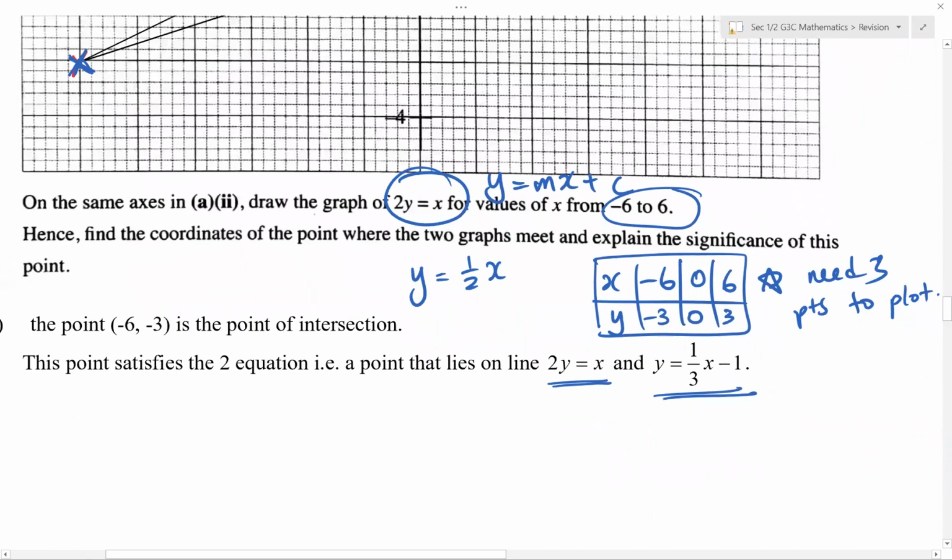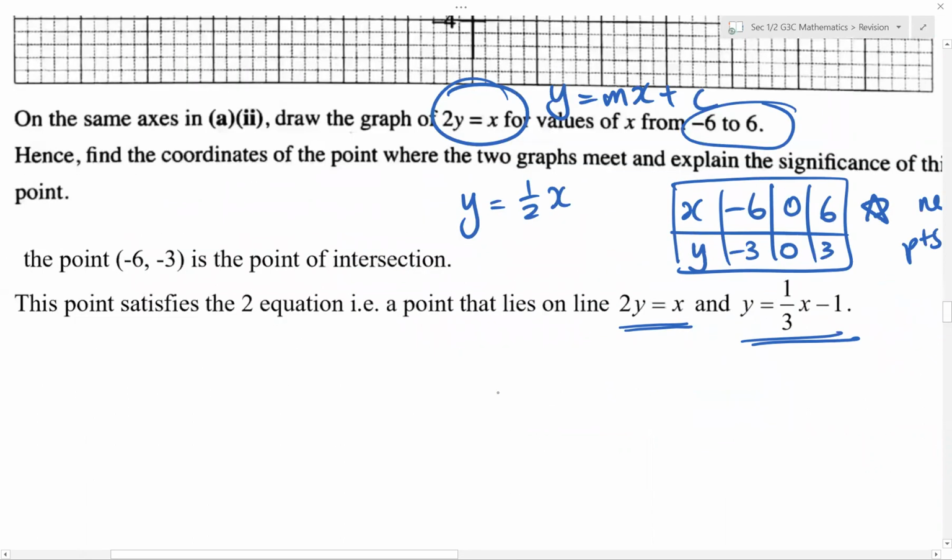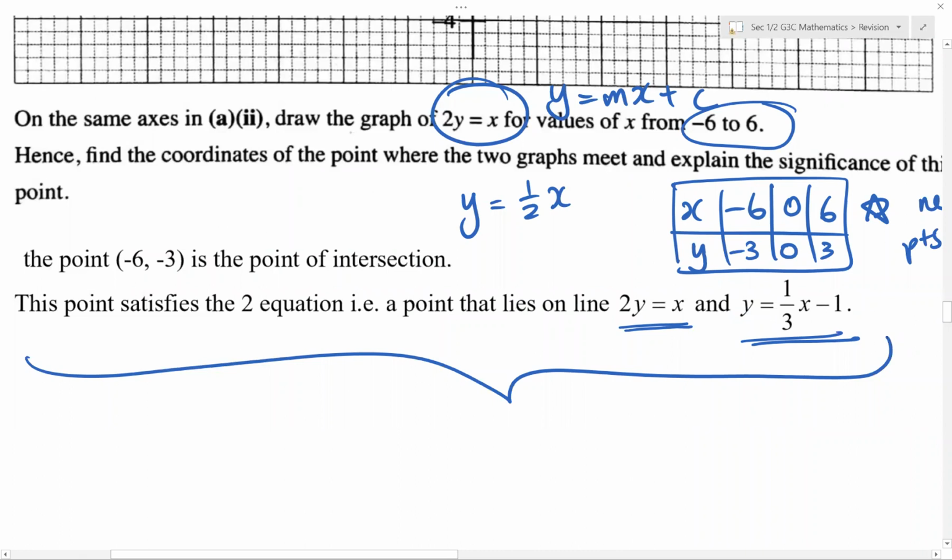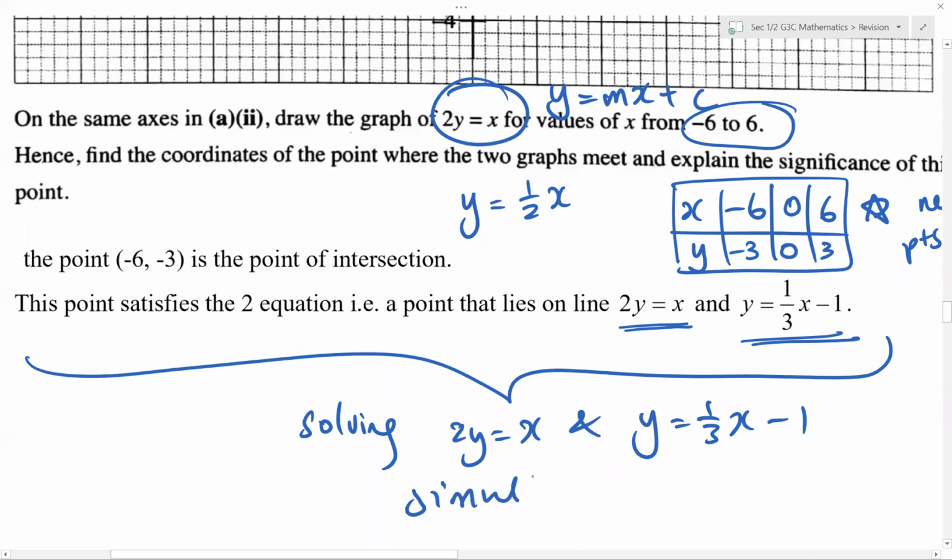And one extra point to note, a point that lies on both lines, we call it solving 2y equals x and y equals 1/3 x minus 1 simultaneously. When you solve two equations simultaneously, we are looking for the point of intersection. That point of intersection has x and y coordinates, and they are the solutions for x and y.